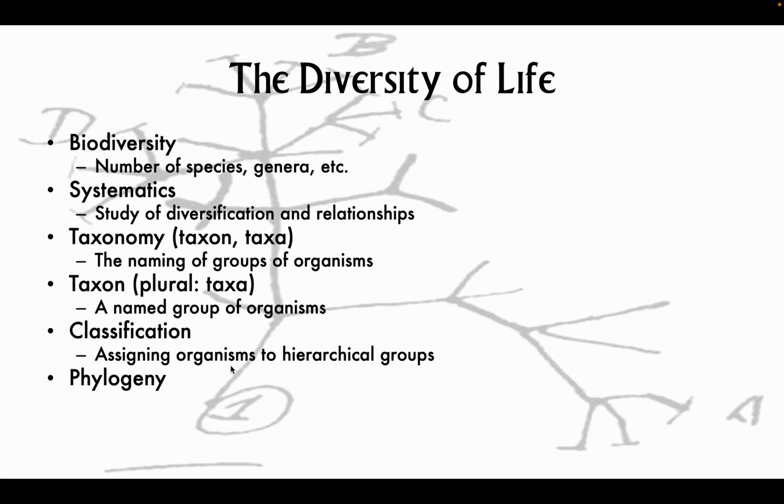And in a case of the student becoming the master or the tail wagging the dog, the modern view of systematics is to try and assign organisms to taxa based on their shared common ancestry. In other words, their evolutionary history, which I will henceforth call phylogeny.